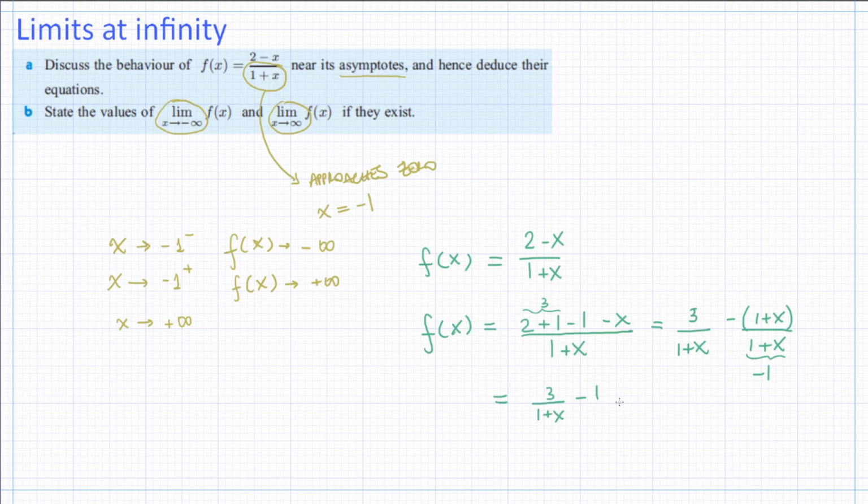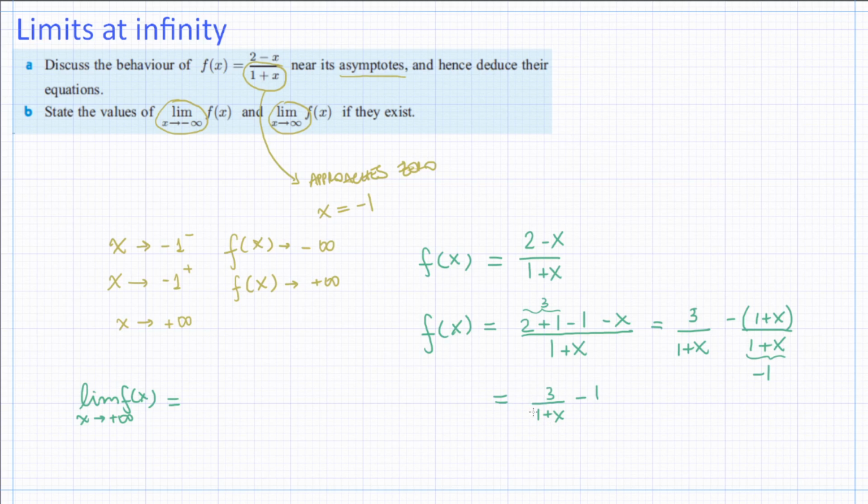So what would be the limit of this function when we go towards positive infinity? Well, now there are two parts of this.